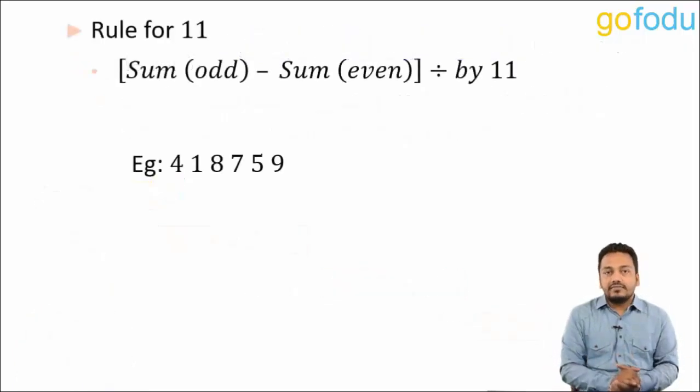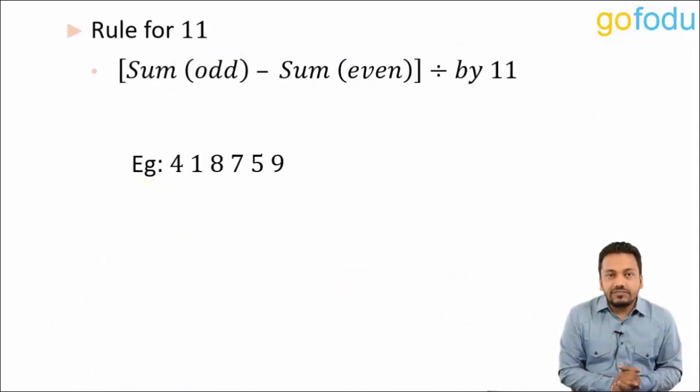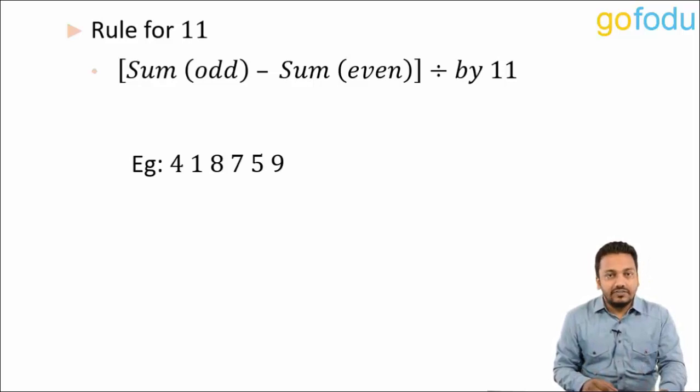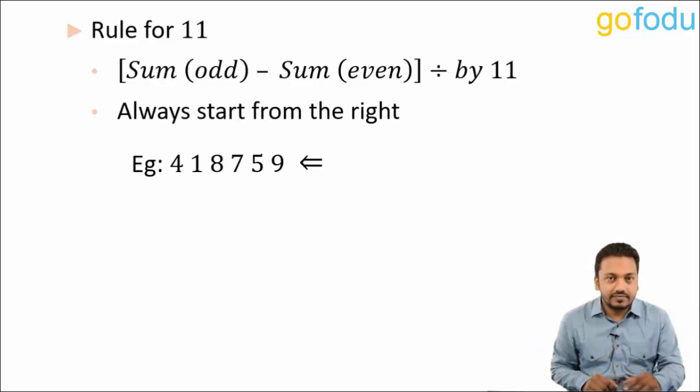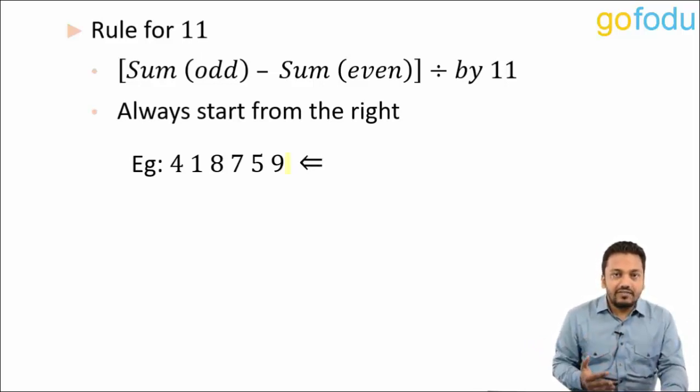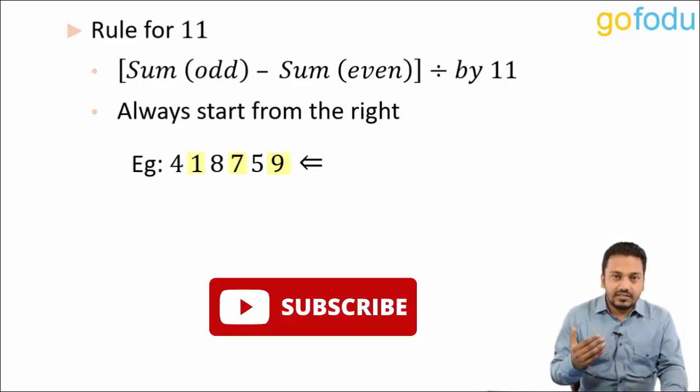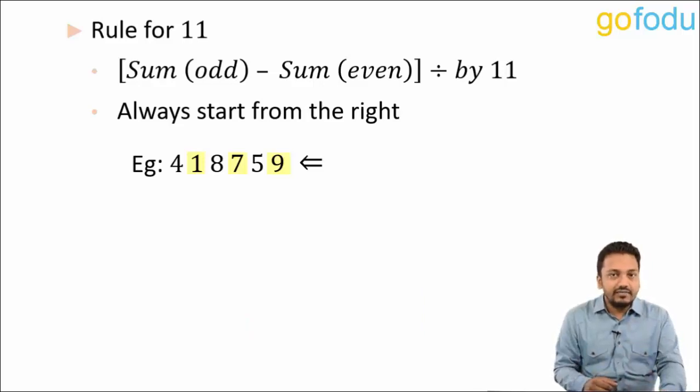Rule for 11. Check if sum of odd places minus sum of even places is divisible by 11. Important thing here is to start from the right. On the odd places, we have 9, 7 and 1. So that will be 9 plus 7 plus 1, 17.